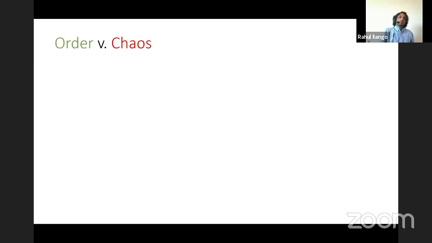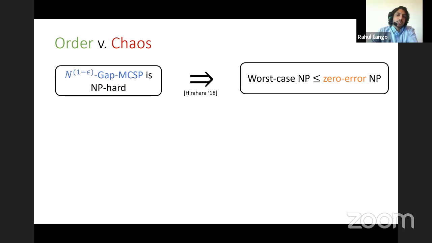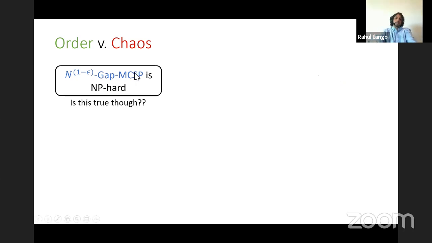All right, and now I want to return to the title, because the title of this talk is about order versus chaos. There is this result that I just mentioned on the last slide by Hirahara that said that if this gap version of MCSP is NP hard, we get this wonderful consequence. And we actually get other wonderful things too, like complexity class separations and stuff like that I didn't mention. But you can ask, how likely is this hypothesis to be true?